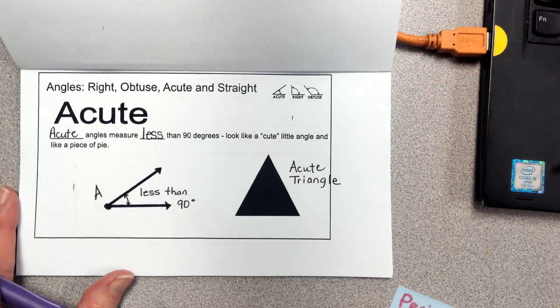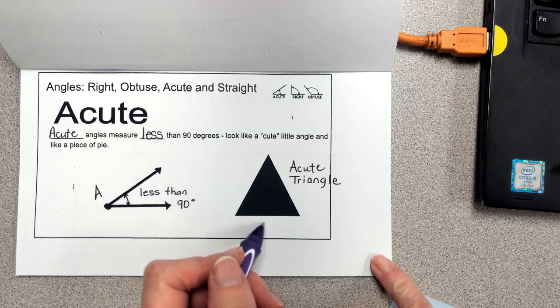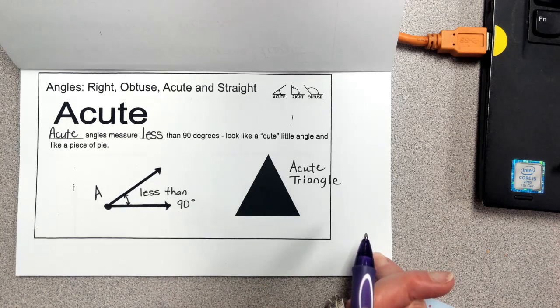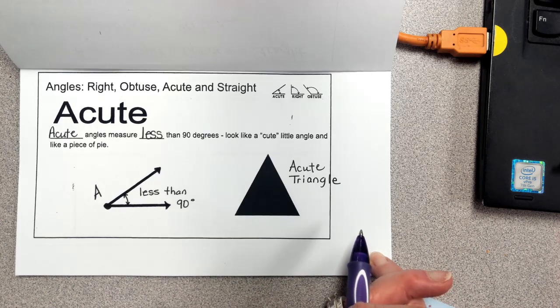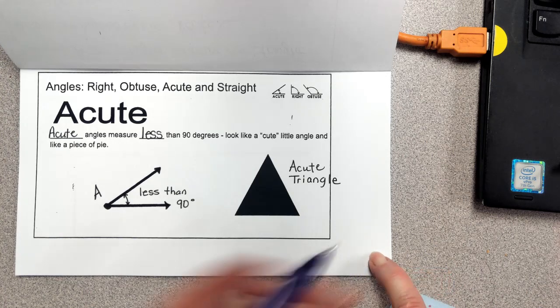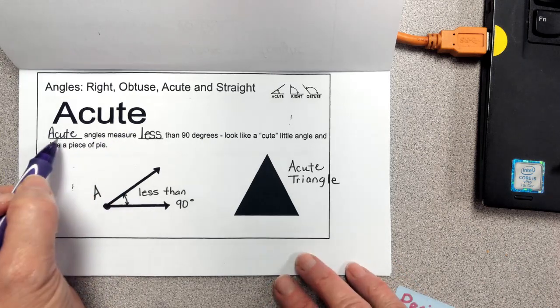So when we talk about angles, not only do we talk about angles when we're measuring them, but sometimes we're going to see angles in triangles. And in 5th grade, we do a very intensive study on triangles, and we learn that every triangle will have two names. So the first angle that we're going to concentrate on would be the acute angle.